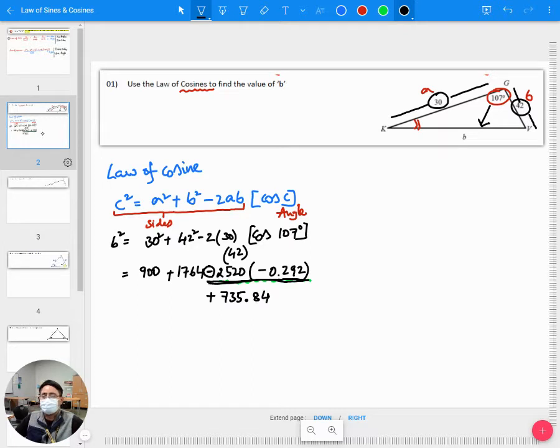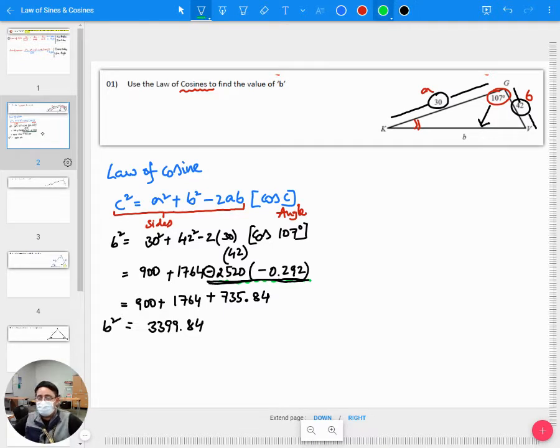So this is 900 plus 1764 plus 735.84, which is 3399.84. That's the value of b square.